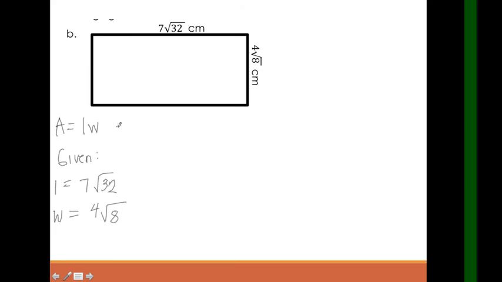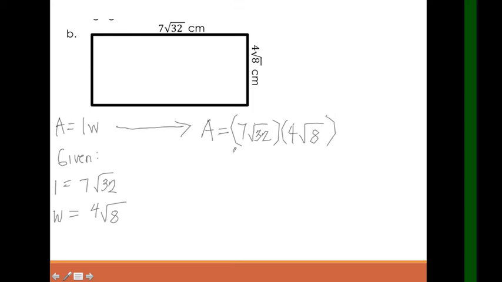So by using this formula, we can substitute the givens. So we have A equals, what's L? That's 7 square root of 32, multiplied by the width, which is 4 square root of 8.